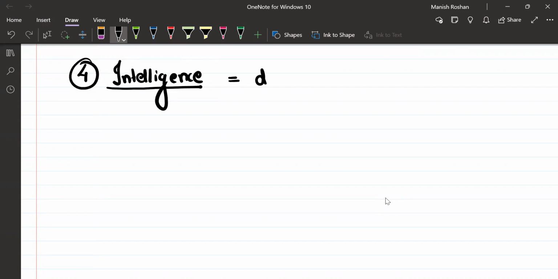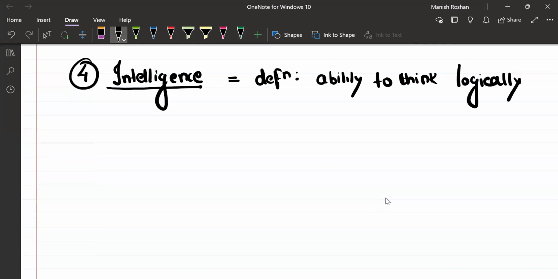So what is the definition of intelligence? So it is defined as the ability to think logically, act rationally, deal effectively.